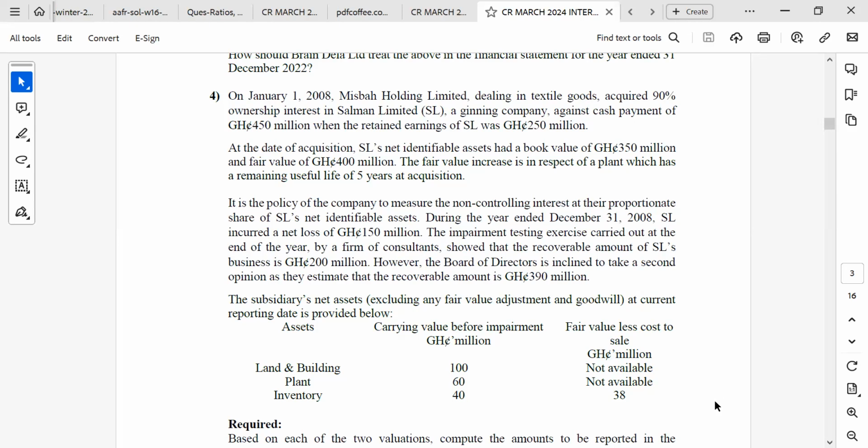At acquisition it is 50, but this has a remaining useful life of 5 years at acquisition. The fair value increase is in respect of a plant which has a remaining useful life of 5 years at acquisition. So what will be the carrying value at reporting?